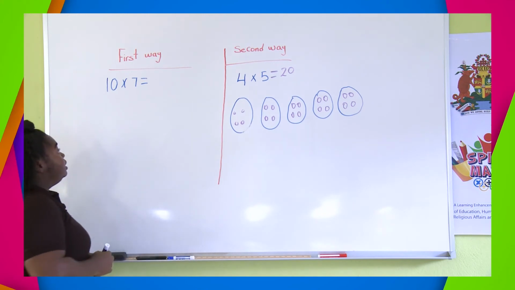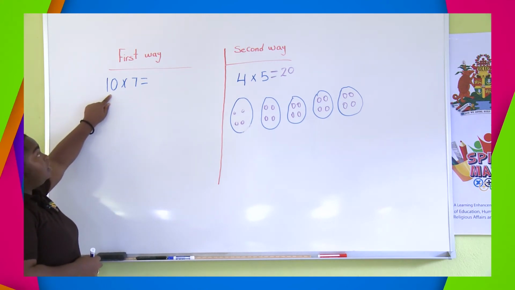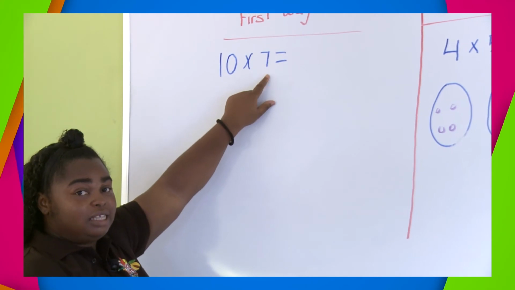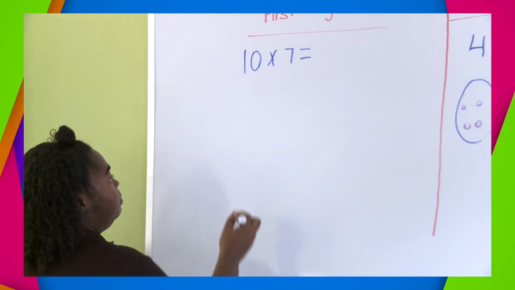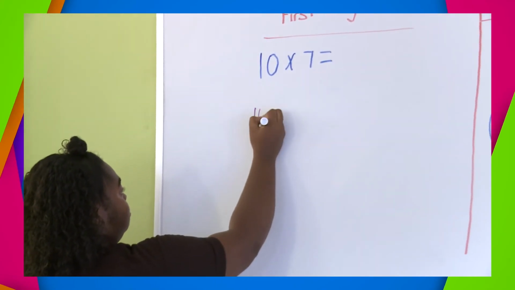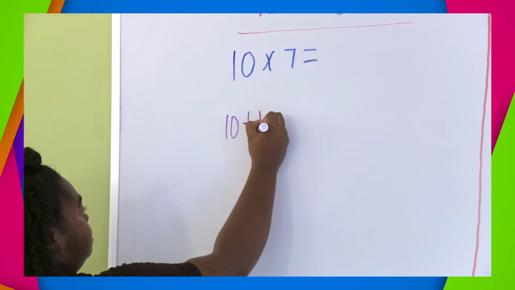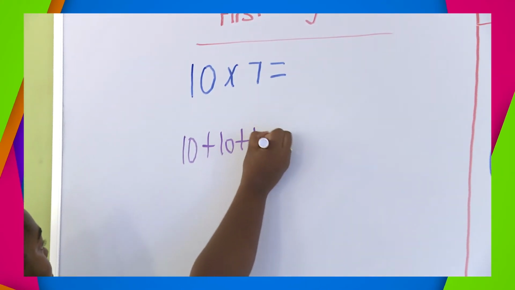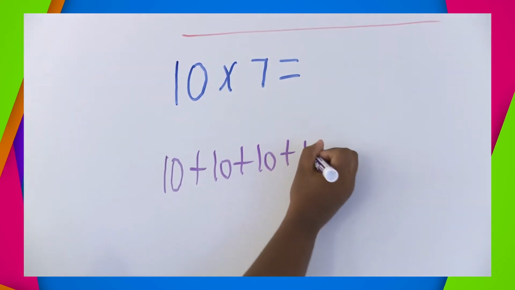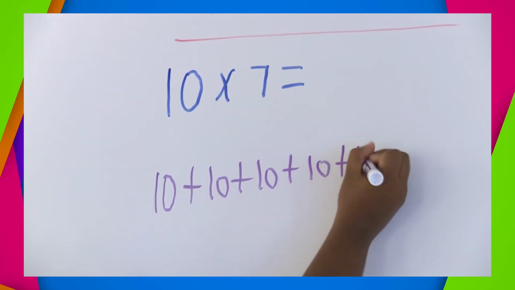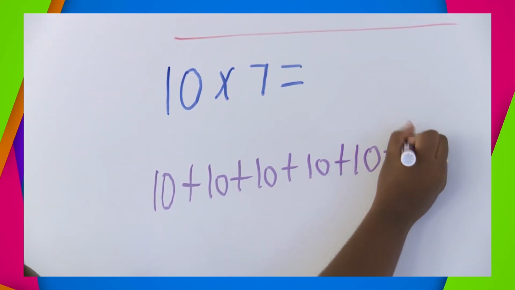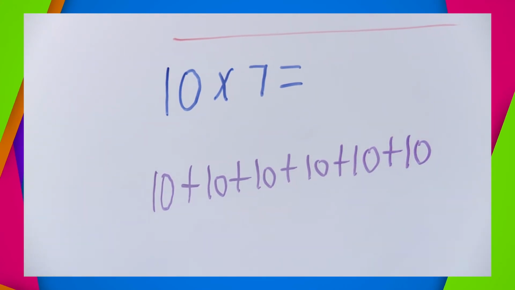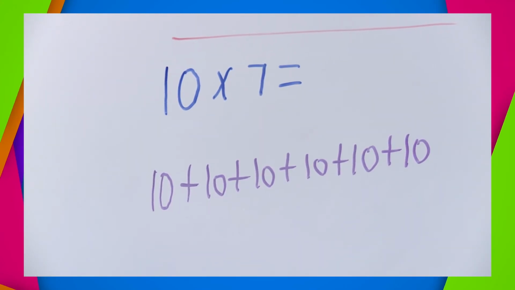Now the first way we need to have 10, how many times? 7. So let's put it down on our paper. 10. All right, do you have 7?